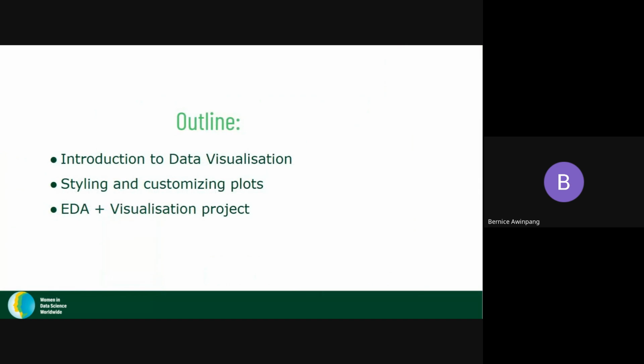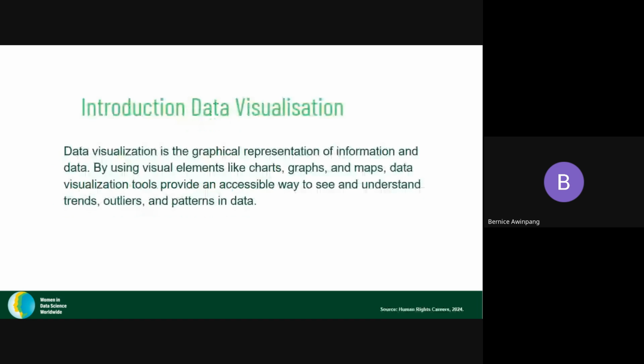We'll look at an intro to data, then styling and customizing plots using Matplotlib and Seaborn. If those words are new to you, those are the various visualization libraries that we have. There are other libraries, but we'll get to know them as we move on. And then we'll continue from where we stopped yesterday and try to visualize our data, and that will be it for today.